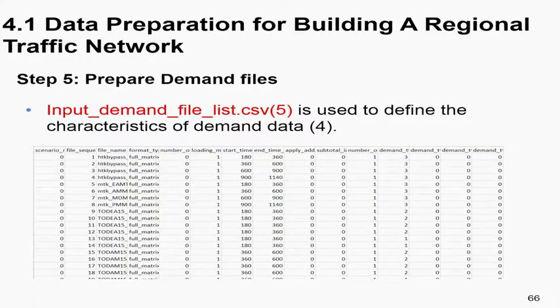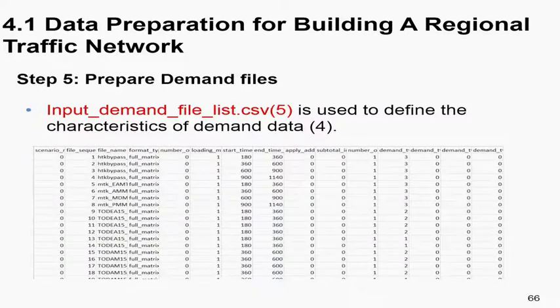Okay, and as an example here, in this demand file list we have more than 20 or even 30 different files, and for each file you can specify the original file name, the format type, the starting time and ending time in seconds or in minutes, and then the corresponding demand type, so that you can do a more advanced demand management application.